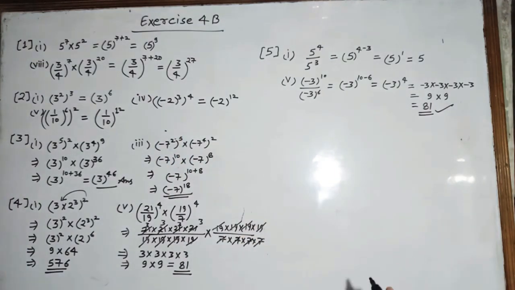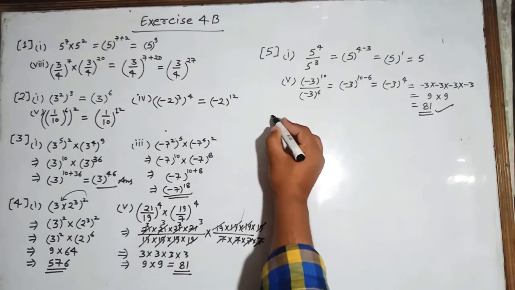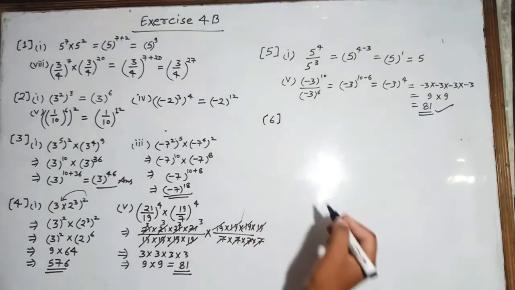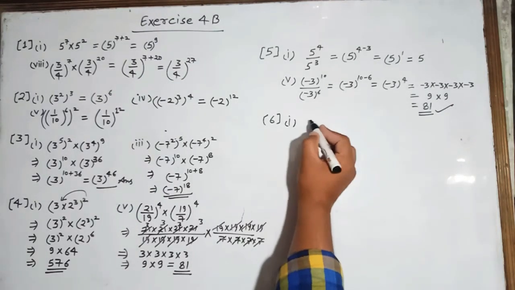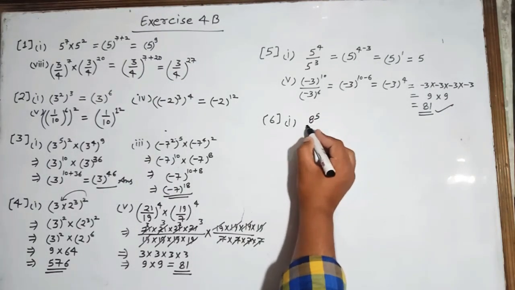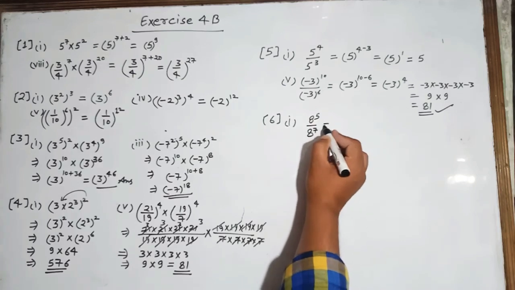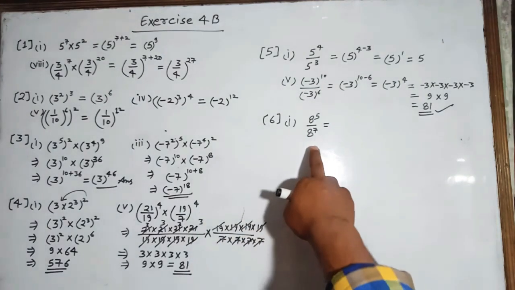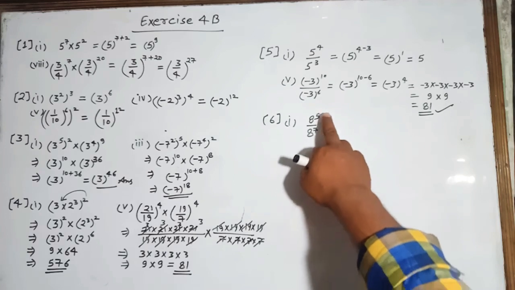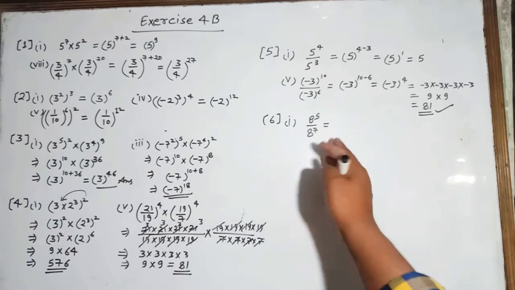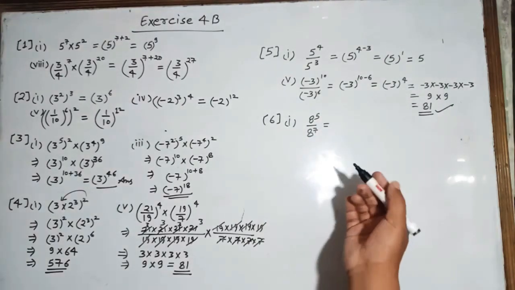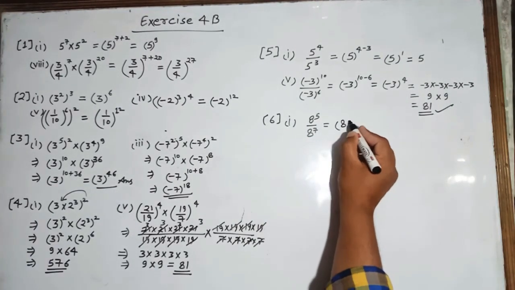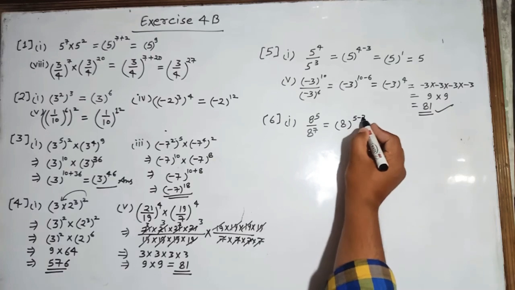Question number 6. Again it is simplify, that is the first part: 8 to the power 5 upon 8 to the power 7. Same question, only the difference is that here m and n are the powers, and n is greater. In that case we discussed that if n is greater then the power will be negative. So we can write the same base 8 and 5 minus 7 we will do.